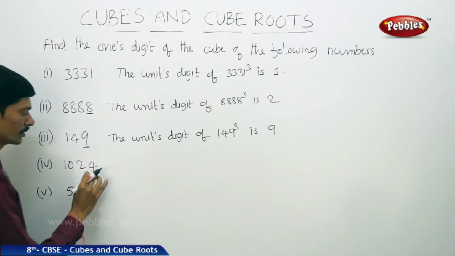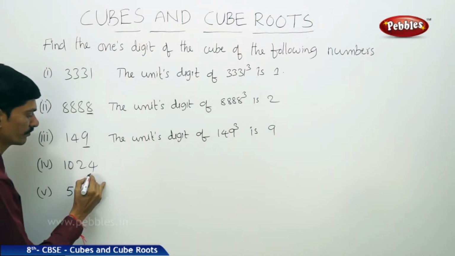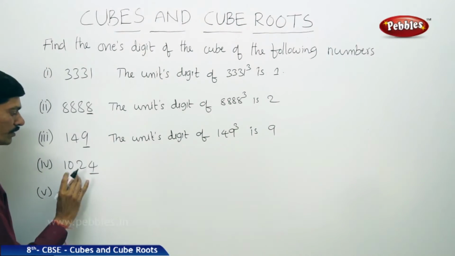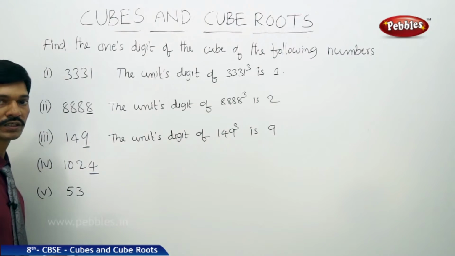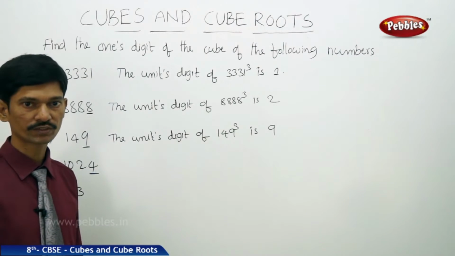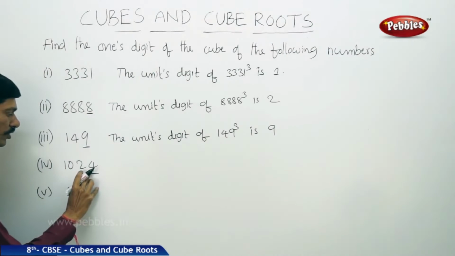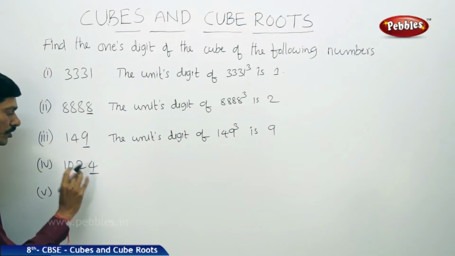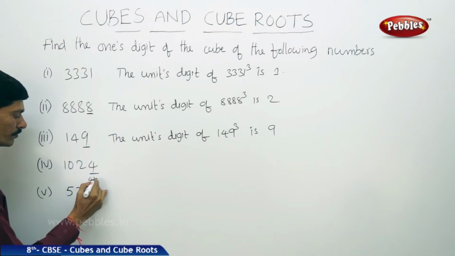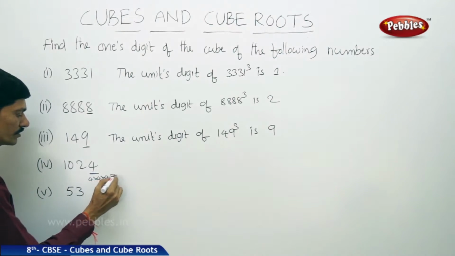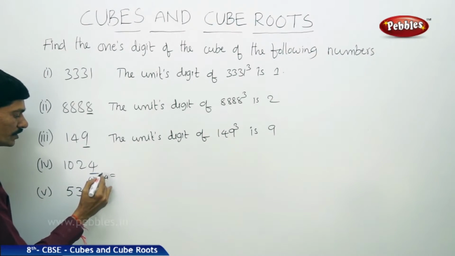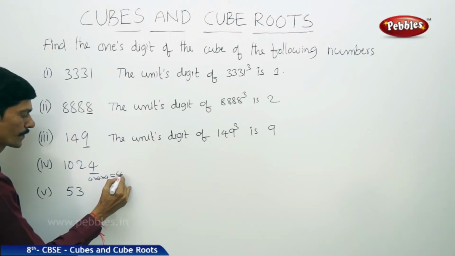Next, what is the units digit of 1024 cube? So what is the units digit of the given number? It is 4. So if a given number ends with 4, then even its cube also ends with 4, because 4 cube, we will find the value of 4 cube. 4 into 4 into 4. What is this? 4 4s are 16, 16 4s are 64. So again its units place is 4.